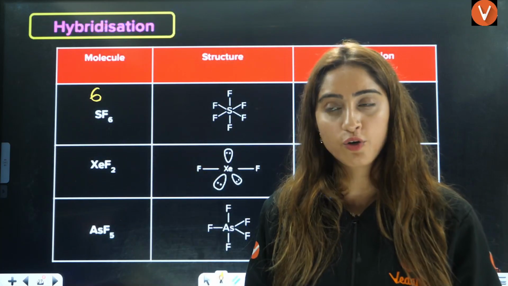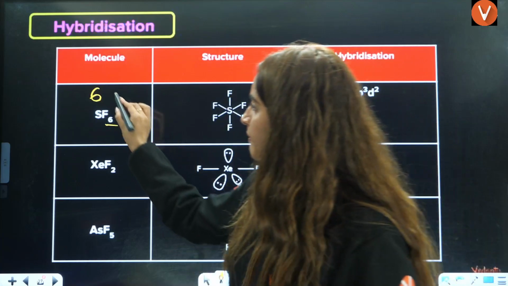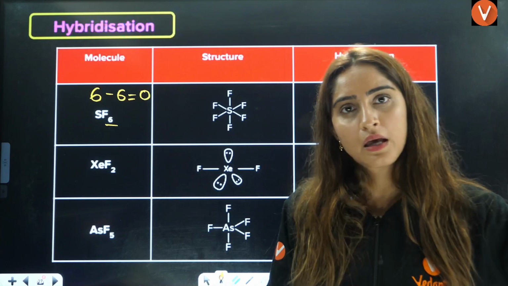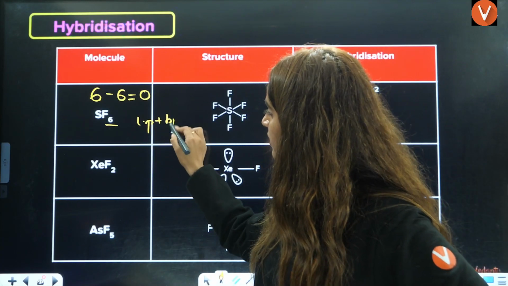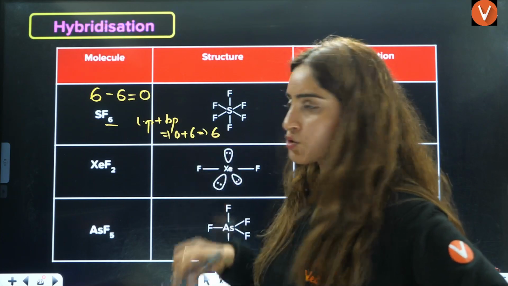Out of these 6 outermost electrons, 6 fluorines are attached. That means 6 minus 6 is equal to 0, that means 0 lone pairs. But lone pair plus bond pair, that is 0 plus 6. How many bond pairs? 6. So it is 6 only.